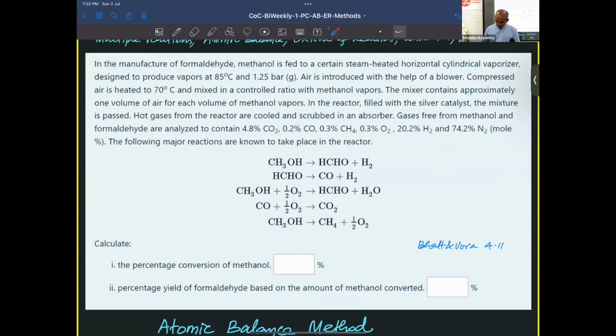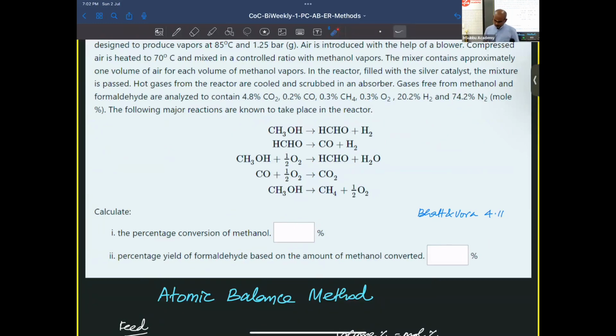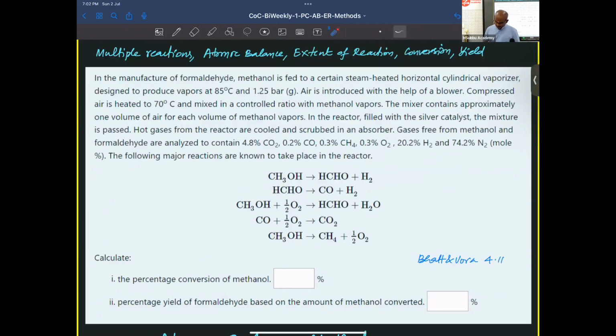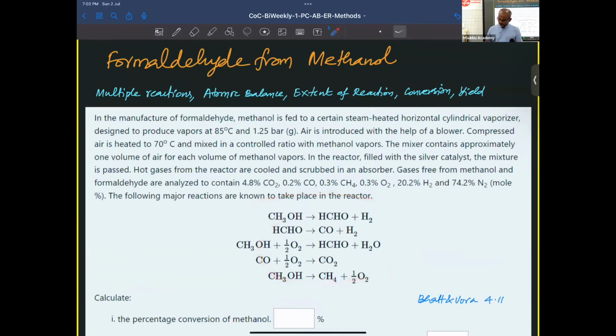So what is needed? We need to get the conversion of methanol. So how much of methanol is getting converted? How much methanol entering minus how much methanol leaving? There is also methanol leaving. That information is not available here. Of course, they say the gases free from methanol and formaldehyde have this composition. That means these components are also appearing in the product, but we don't know the amount or composition.